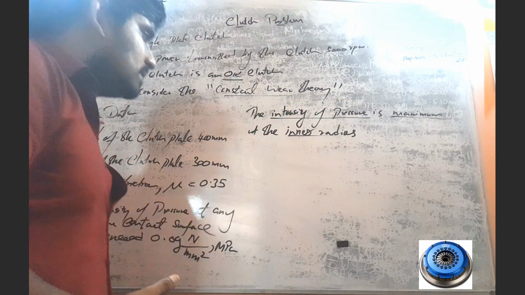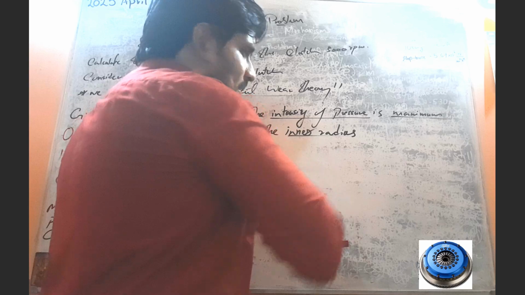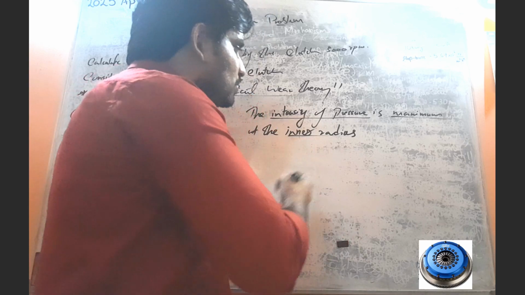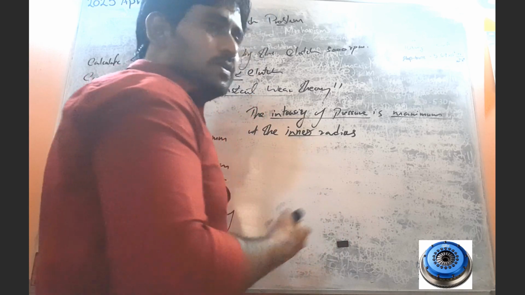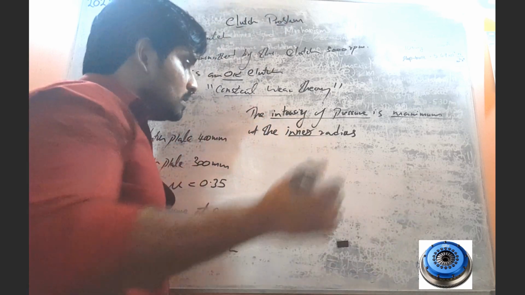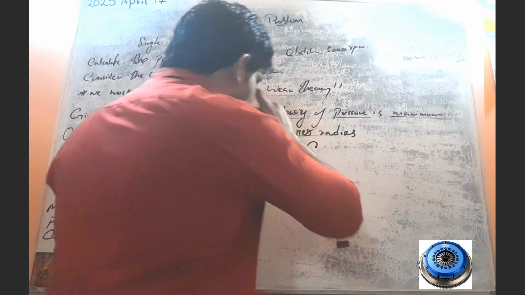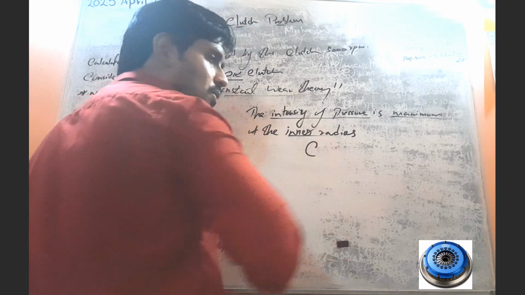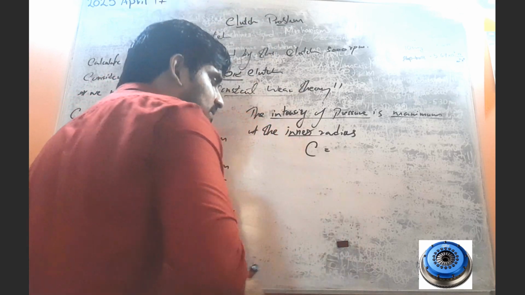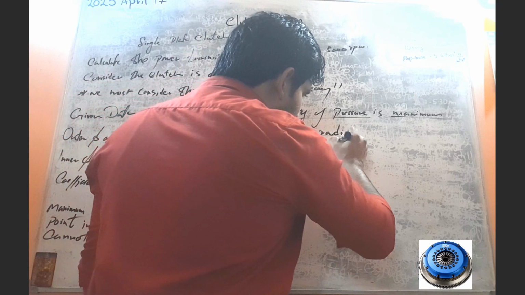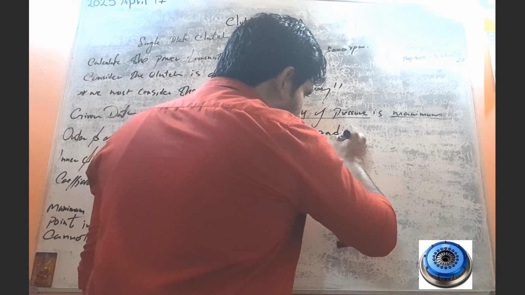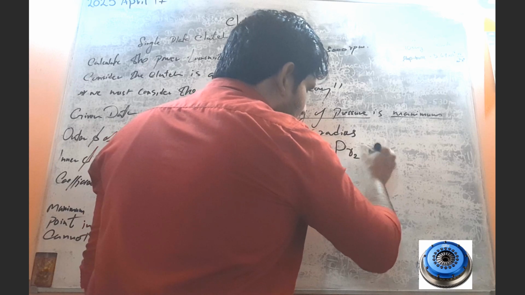So there we are going to use a special equation. Let's call this C constant equals P times R2.